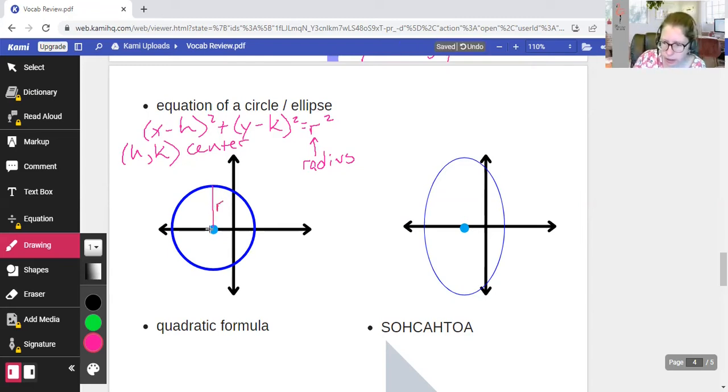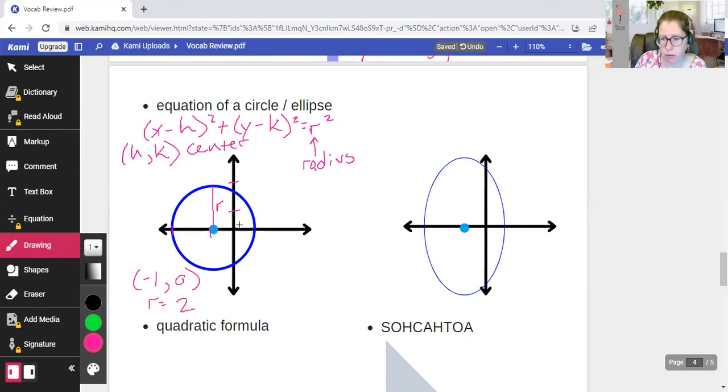So let's say, this is 1, 2, 1, 2. So that means my radius is 2, and my center is going to be, what is that? -1 comma 0, right? Because I went over on the x, but not up on the y. And then my radius is 2.